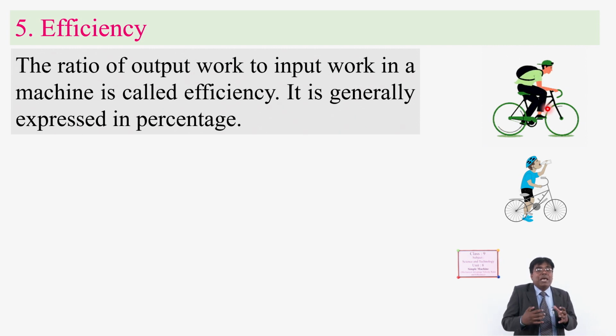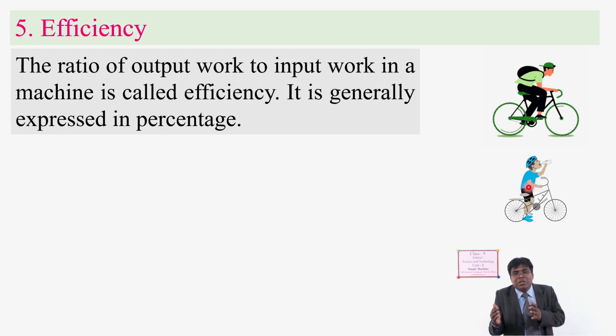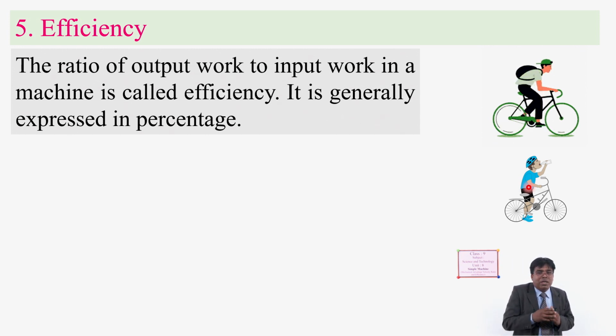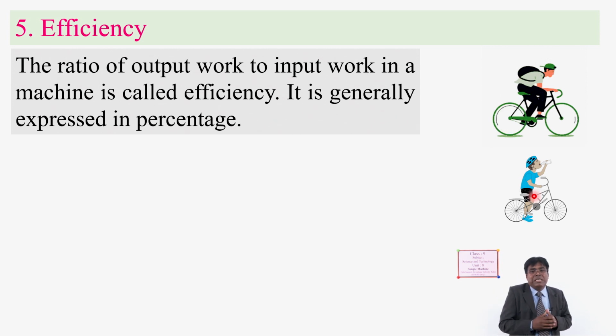It means the cycle has more efficiency and he is able to ride it easily. But in the second case, he is feeling tiredness because maybe his cycle has less efficiency, and that's why he is not able to produce more output work. He is not able to move his cycle quickly, and that's why we can say it has less efficiency.